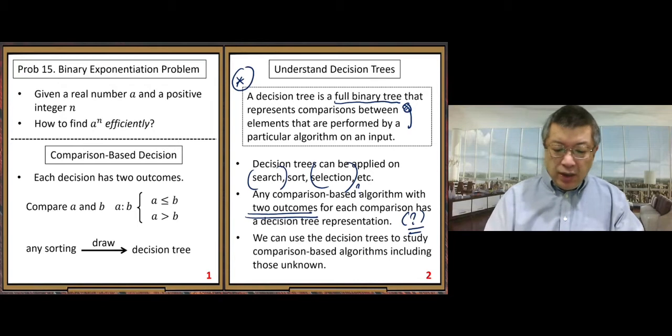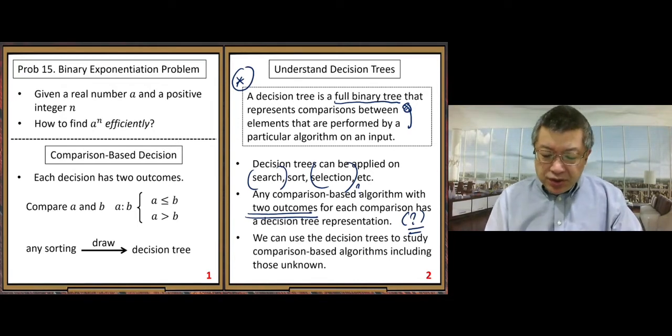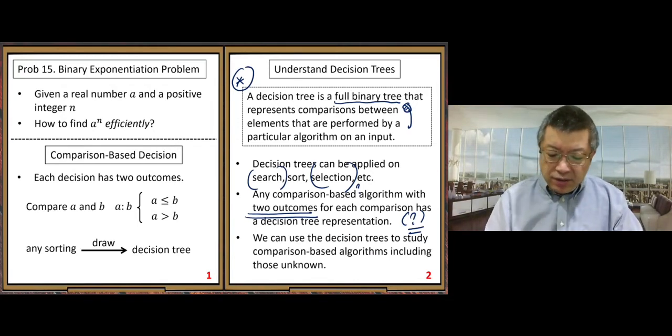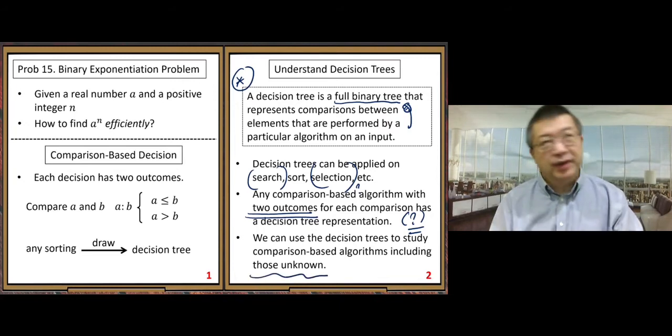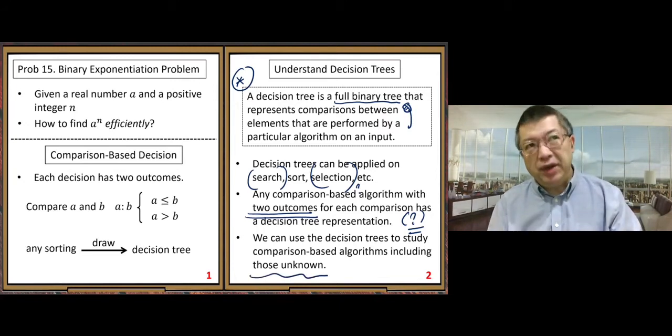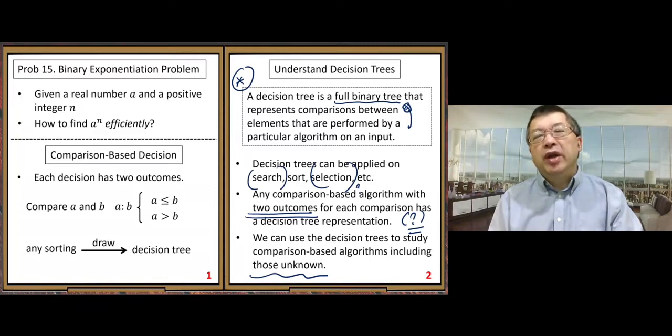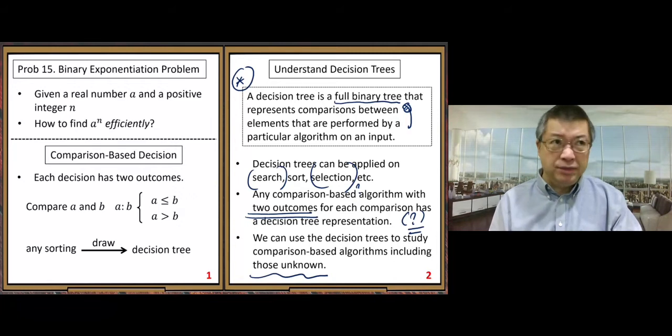We can use decision trees to study comparison-based algorithms, including those unknown. For sorting algorithms, sometimes, for example, in order to estimate the worst case efficiency, we cannot exhaust all the possible sorting algorithms.